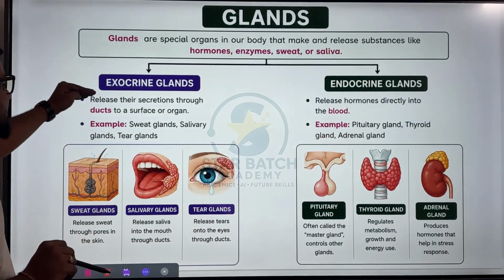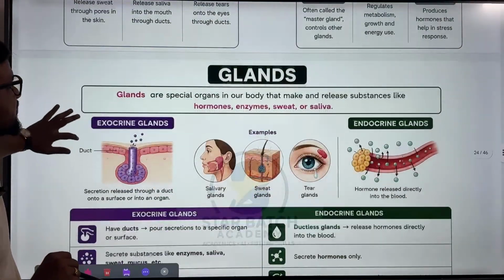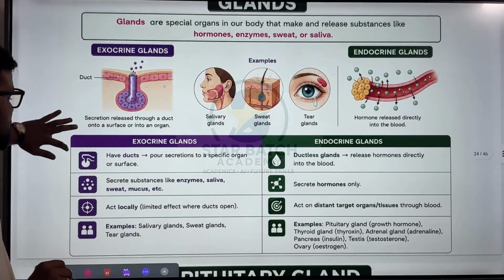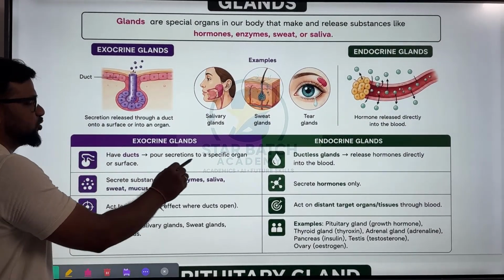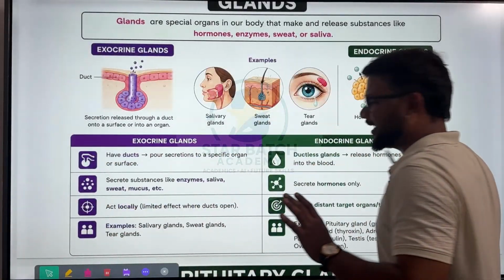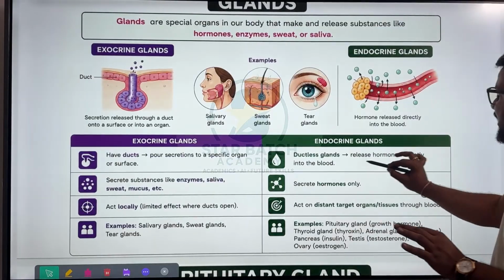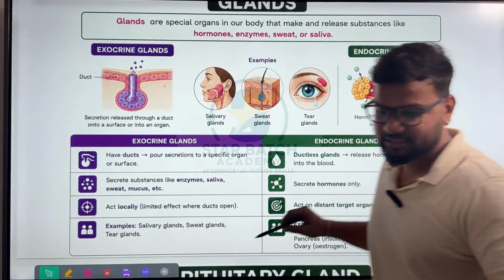Here we have examples of sweat gland, salivary and tear. Okay, so here we have exocrine and endocrine. Exocrine glands have ducts, pour secretions to specific organ, and here endocrine are ductless and release hormones directly in the blood. ठीक है? Yes.